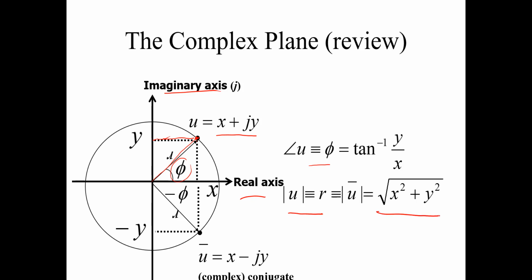And this is the complex conjugate: u* is x minus jy, if it lies in the minus y axis. This is u in the positive y axis, and this is u in the negative y axis.